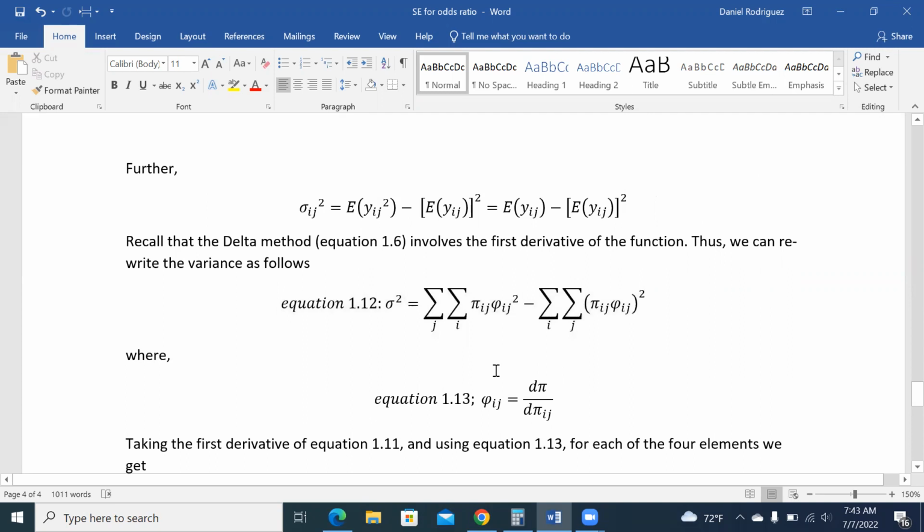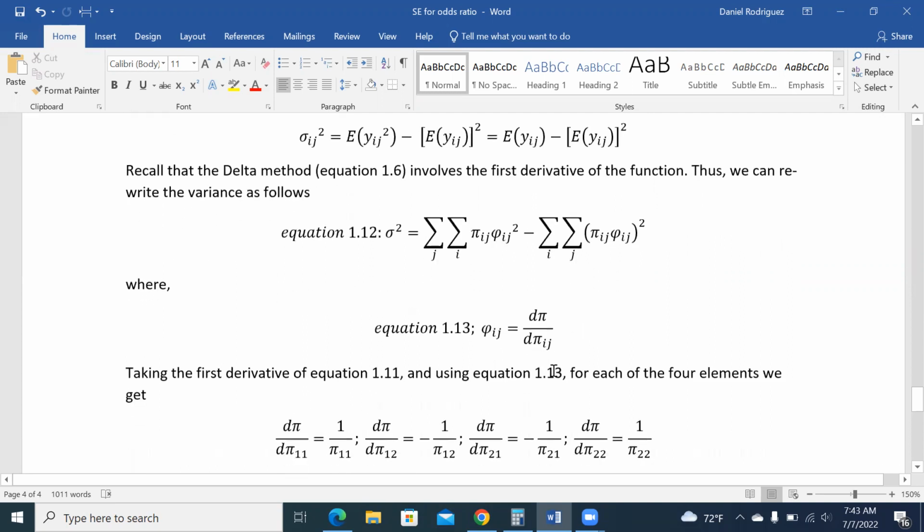So we let phi, some people say phi, some people say phi, I don't know. You go with whatever you want. Phi ij equals this derivative with respect to the particular cell term. So we have to do that and square it for each. And we can use the pi ij here because we already saw that the expected value of Yij squared is the same as the expected value of Yij.